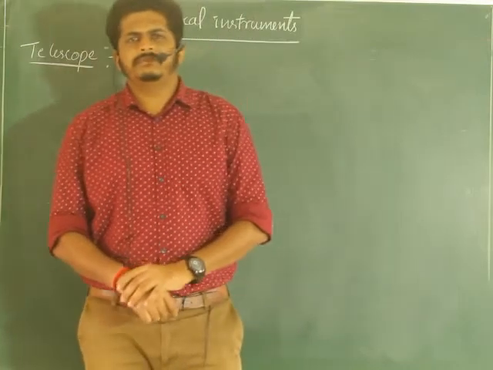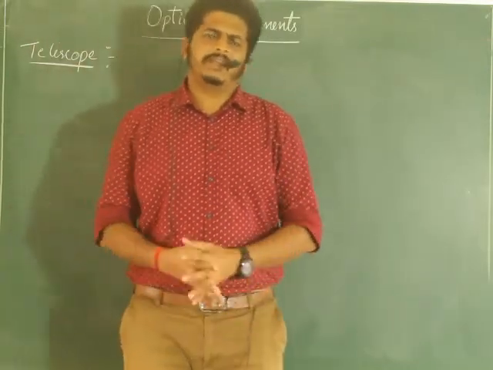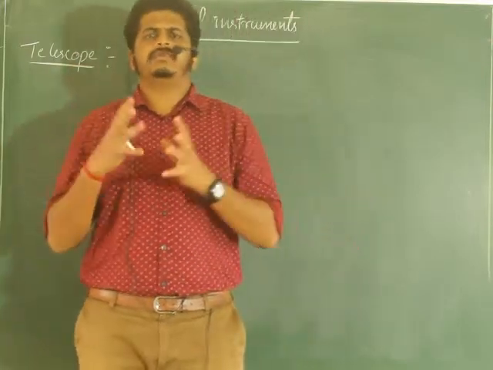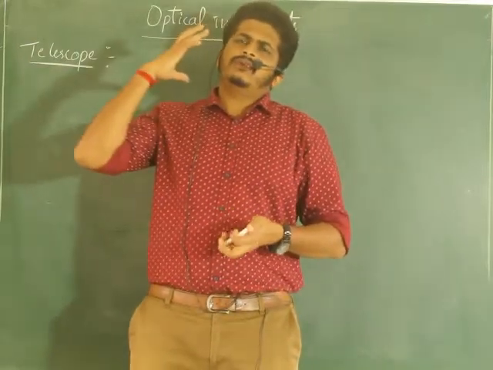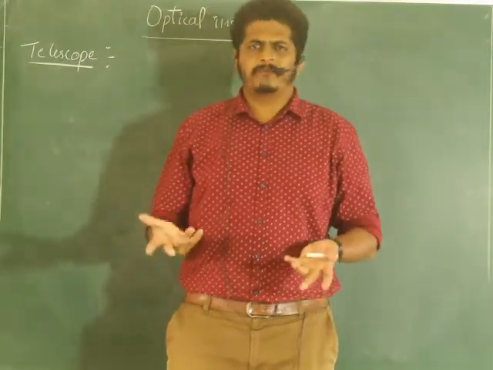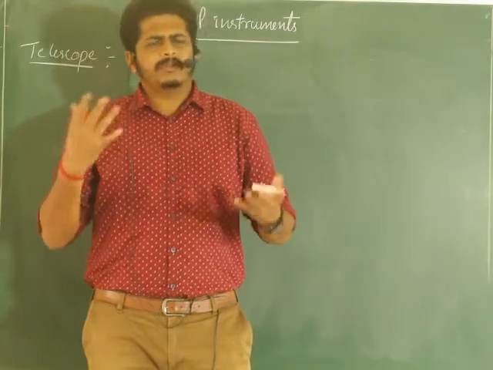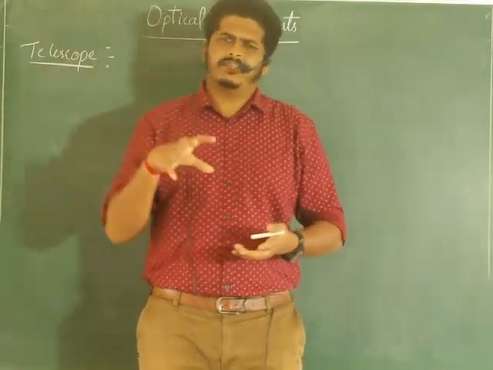Why? Because all the celestial objects are in which shape? Spherical in shape. Why spherical? Because they tend to minimize their surface. That is why they are spherical, correct? So suppose you see the moon inverted, there is no big deal at all because it's already spherical in shape.